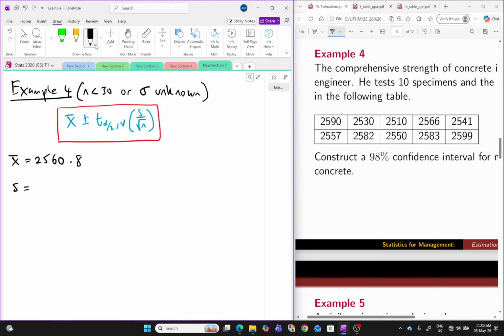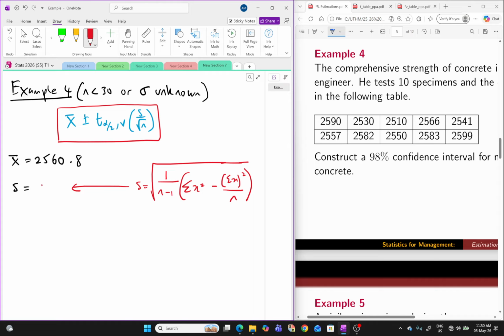For standard deviation, you use this formula. S equal to. So for standard deviation, later go back and try, okay, this formula.